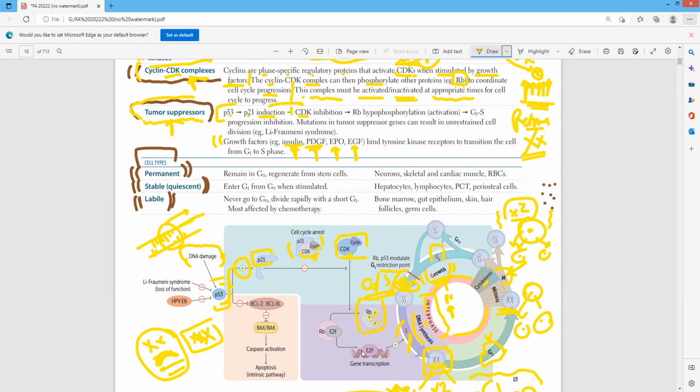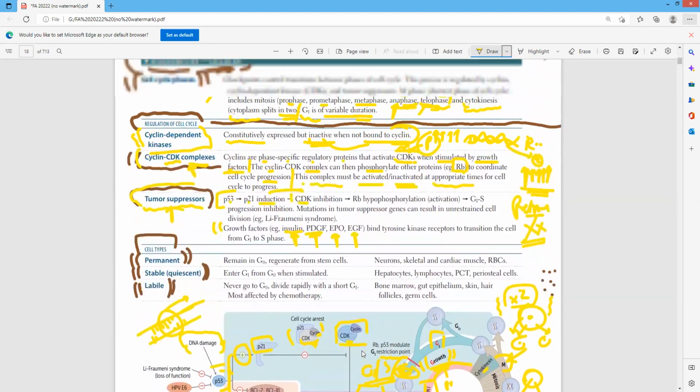What's the relation between retinoblastoma and E2F? When retinoblastoma is hypophosphorylated, it is active, and when it is hyperphosphorylated, it is inactive. So cyclin-dependent kinases phosphorylate retinoblastoma to make it inactive.